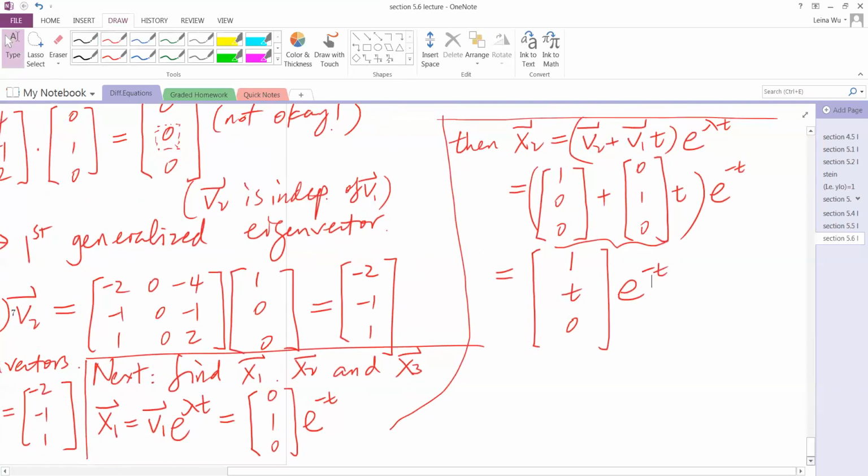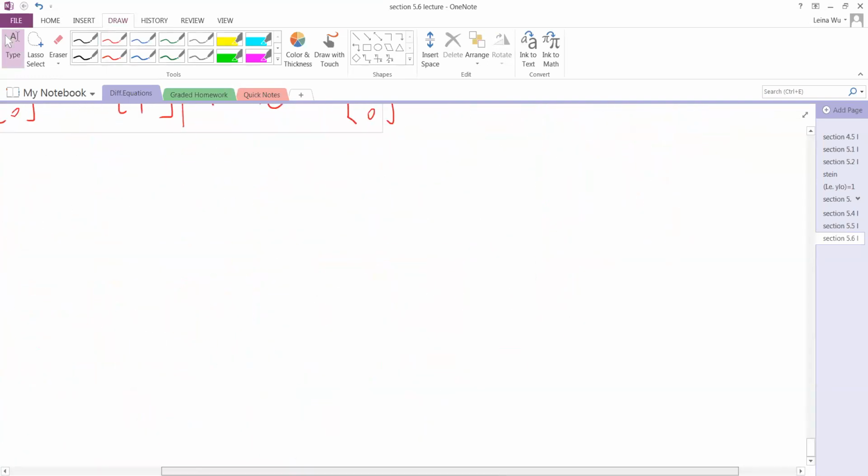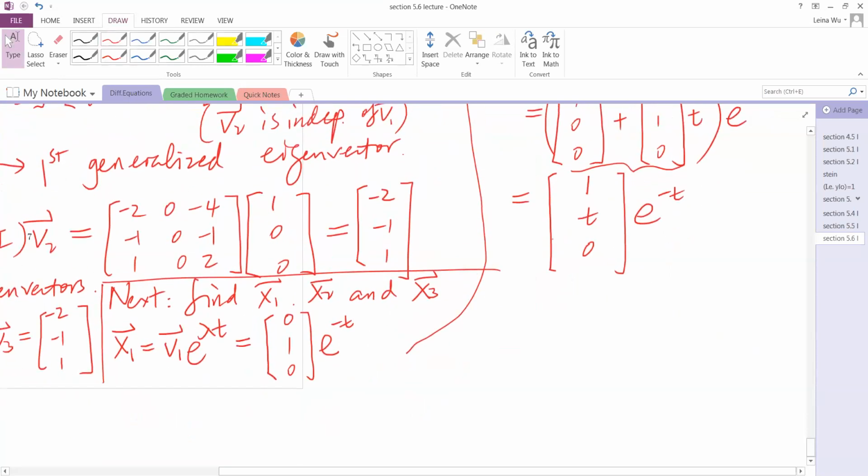x of 3 would be v3, start with v3, and then v2 times t, and then v1 t squared over 2, and e raised to the lambda t.